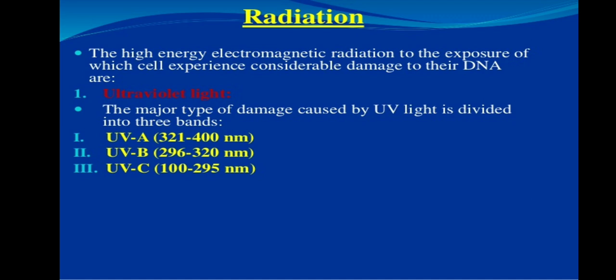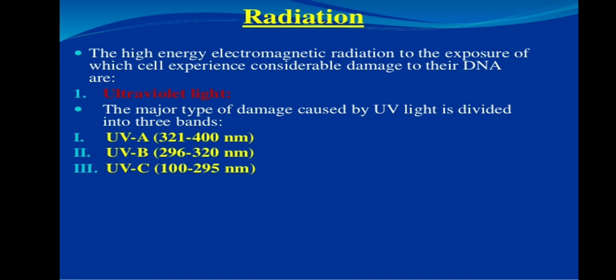So these radiations are high energy electromagnetic radiations, due to the exposure of which the cell experiences considerable damage to its DNA. The major types of damage caused by ultraviolet light are divided into three types, that is UVA, UVB and UVC.